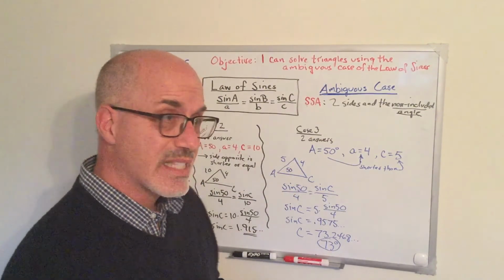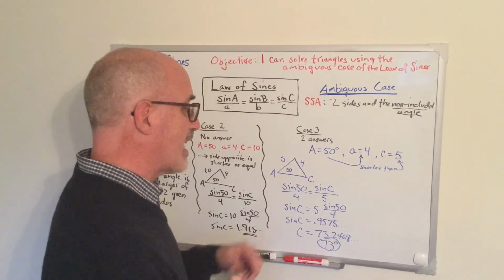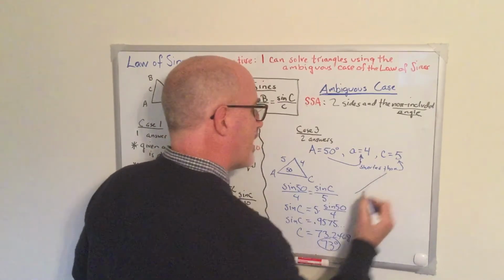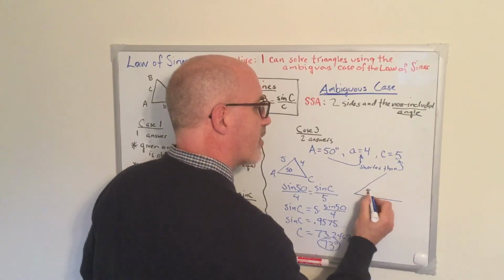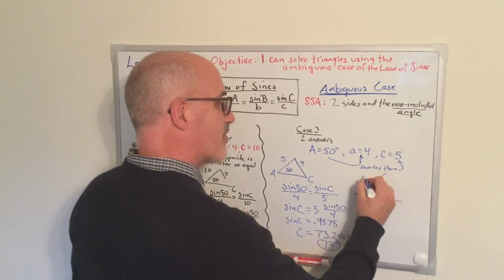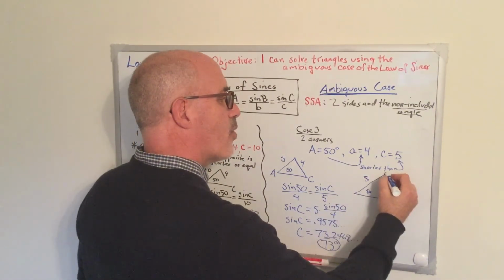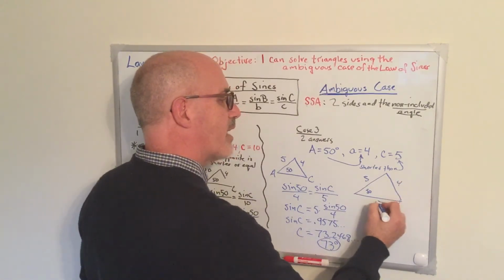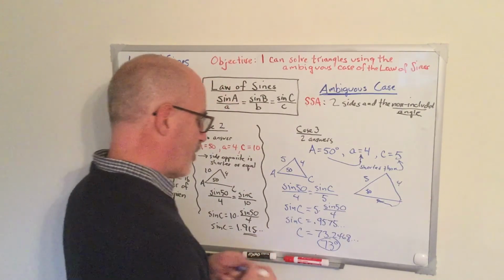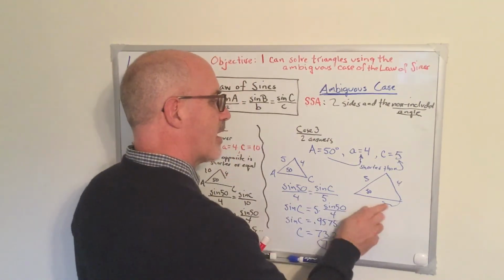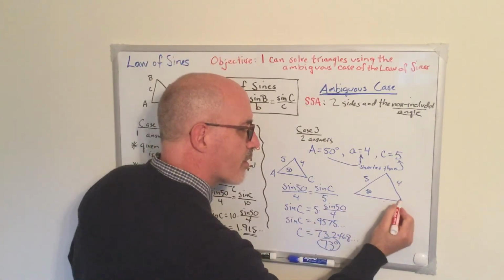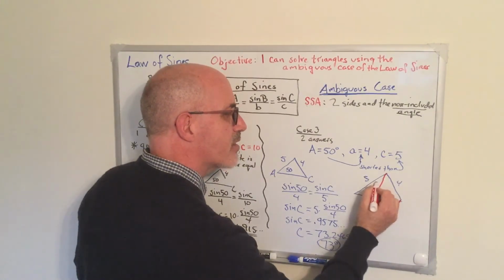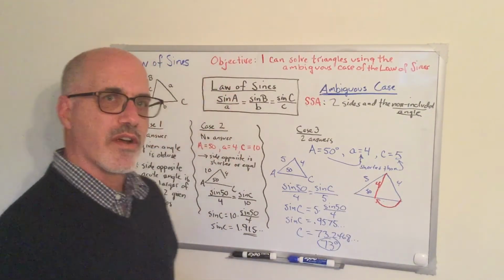But what I'm telling you is that there's a possibility of there being another triangle here, and let me show you what I mean by that. If I have my 50-degree angle here, and this side is 5, and this side 4, if I take that side and I swing it over here to the other side, I could have a side inside of here that's 4, because it's the shorter of the two.